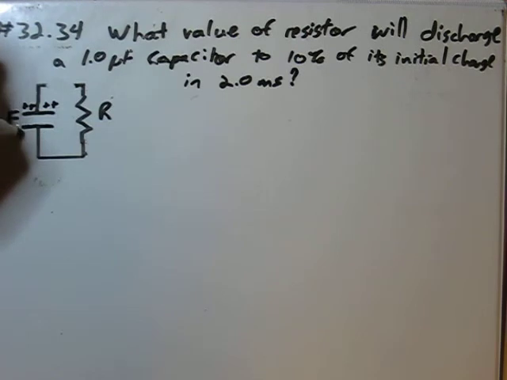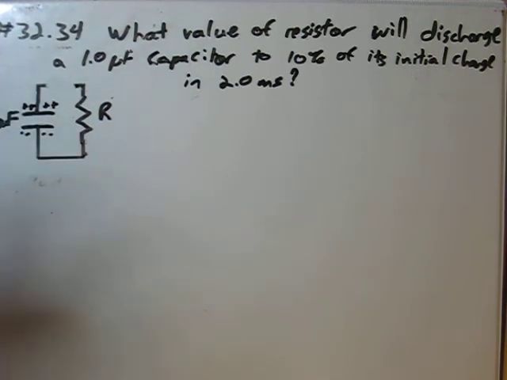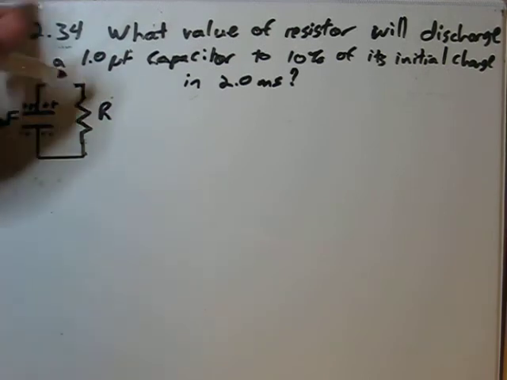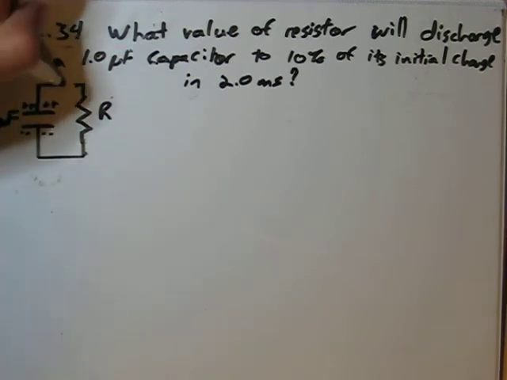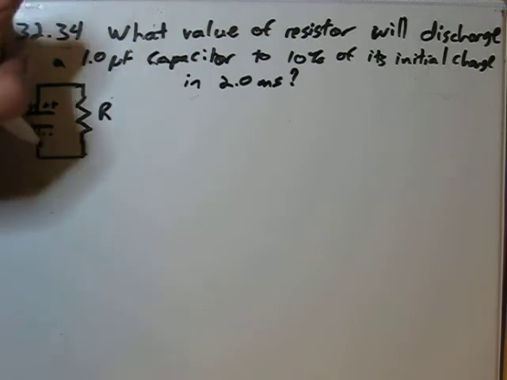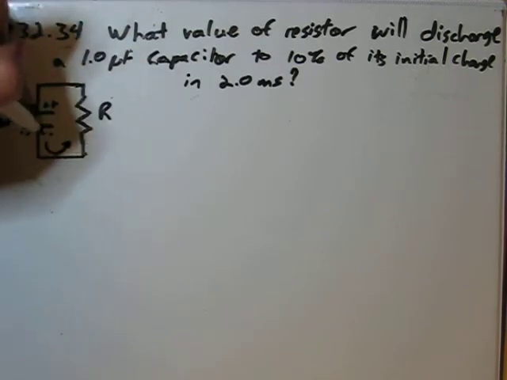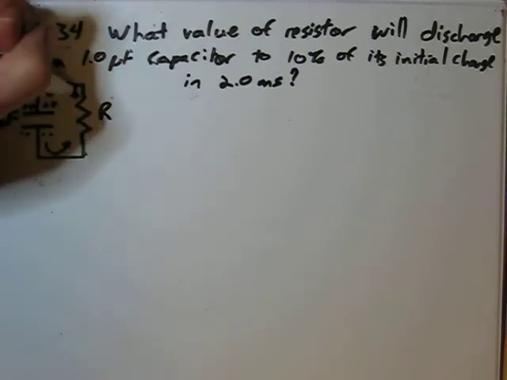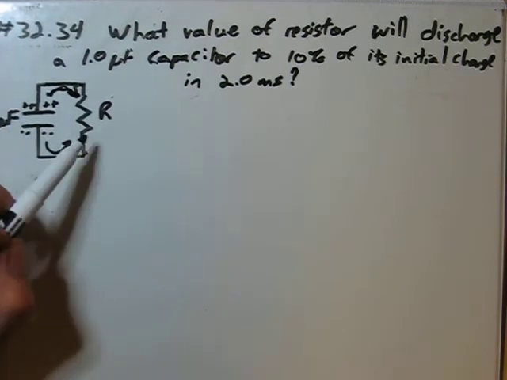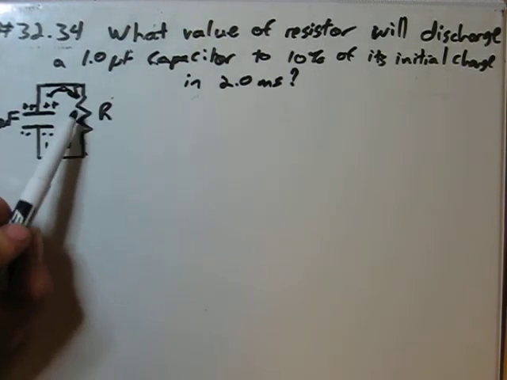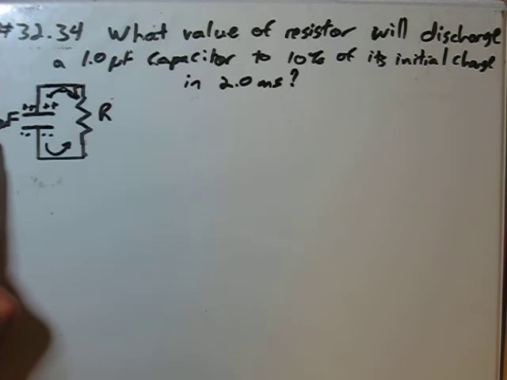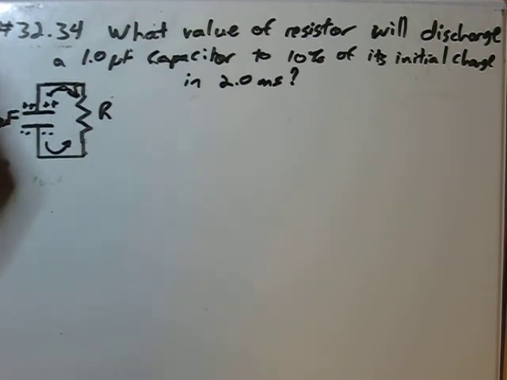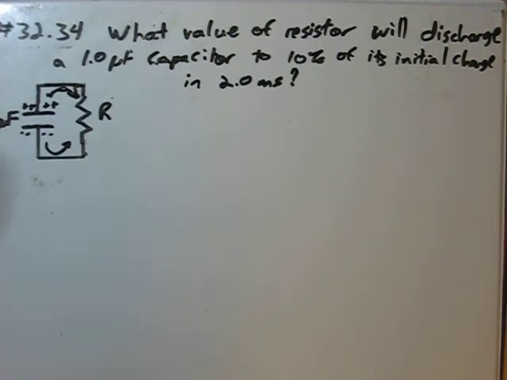So let's say we have a capacitor here that's charged and it's 1 microfarad, and it's asking, as soon as we connect this circuit, it starts discharging as electrons go that way, and positive charges neutralize that way. Anyways, it's asking what value of resistor here will cause this capacitor to be at 10% of its initial charge in 2 milliseconds.